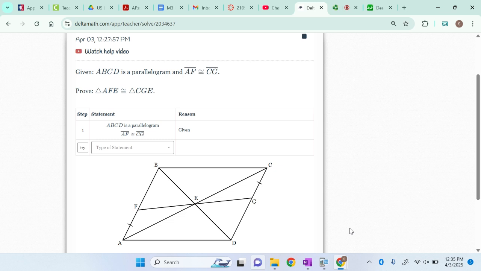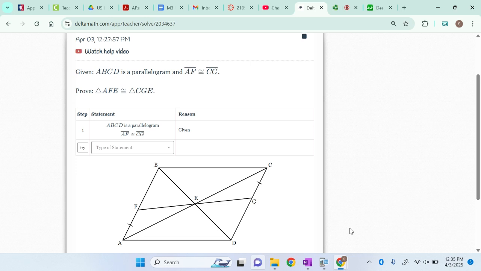So we say that side BC is parallel to side BA. And the reason is that's just a definition of a parallelogram. Or I think it'll say something like opposite sides of a parallelogram are parallel, something like that. Is that what it says? Yeah.